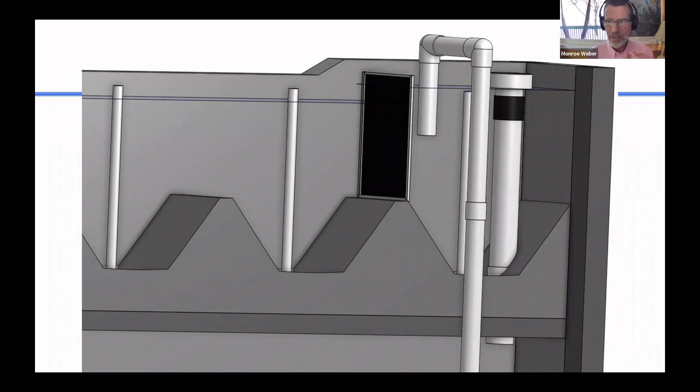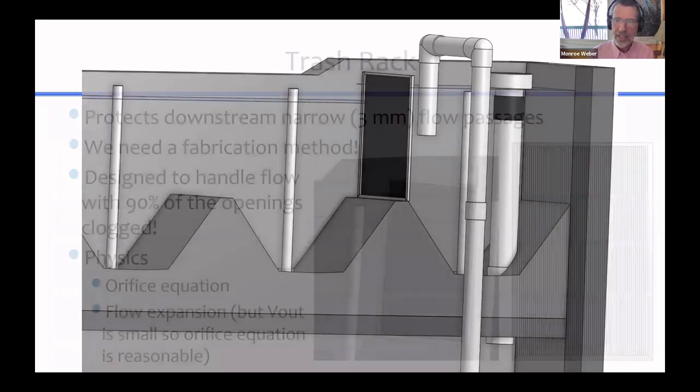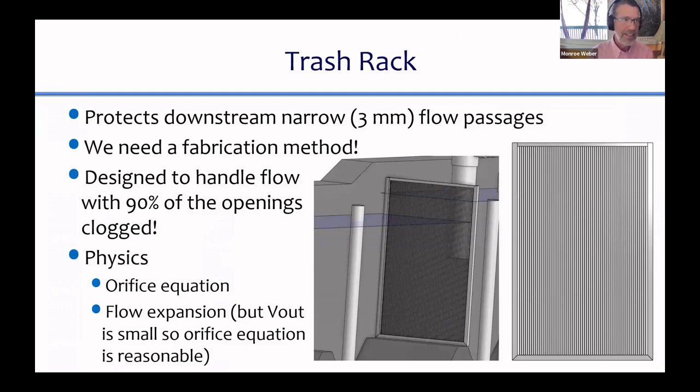Here's the inside of where the trash rack is. And you might be thinking about, why do we need a trash rack? What's so important about that? Our trash rack is maybe even more important in our plant design than in conventional designs, because the very first place where water that goes through our flocculator and then is going into our sedimentation tanks, before there's really been any opportunity for more particle removal, the water is going into the sedimentation tank and it's having to flow through an exit that is about 3 millimeters wide.